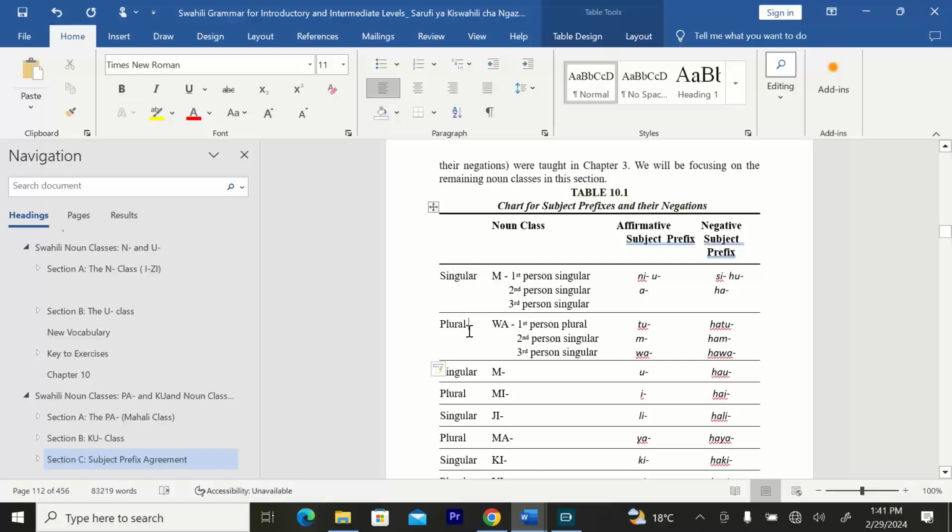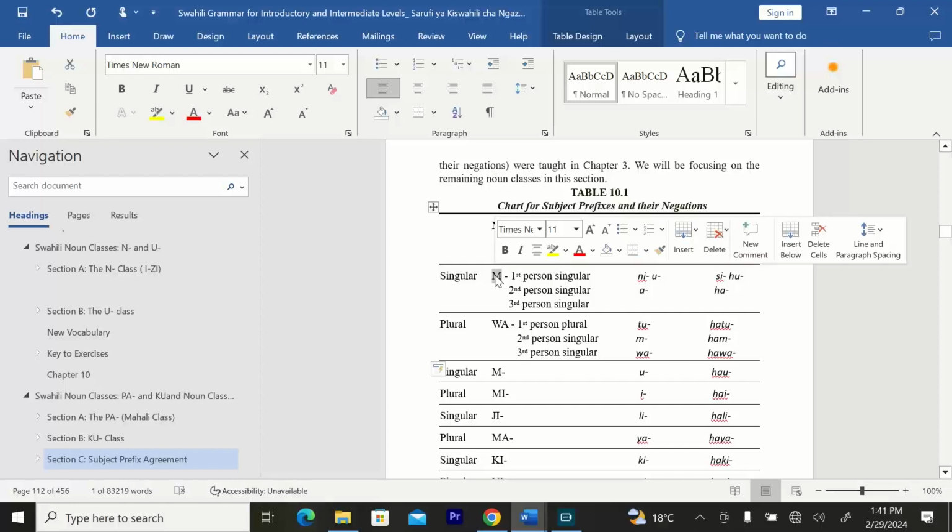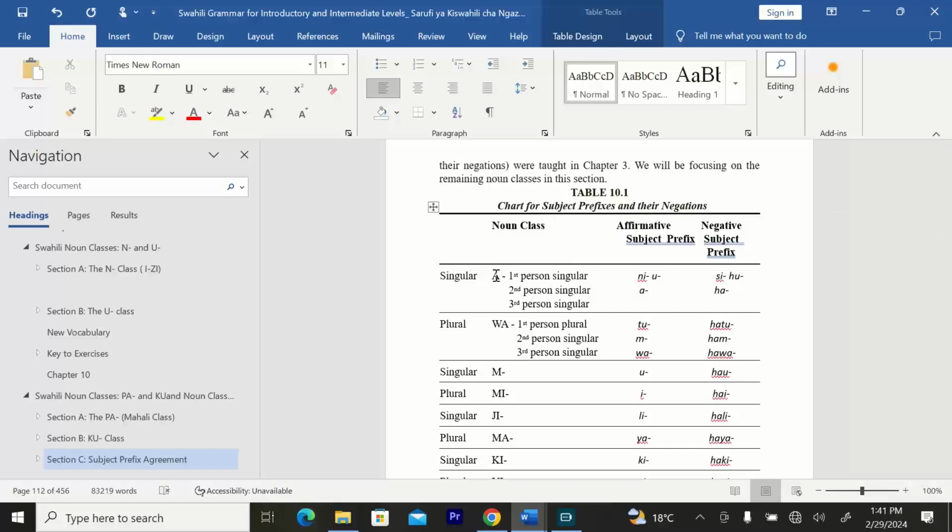Singular, plural, right? First person is ni. And the plural, the affirmative subject is u, and the negation is si.